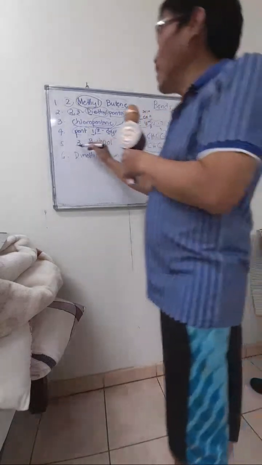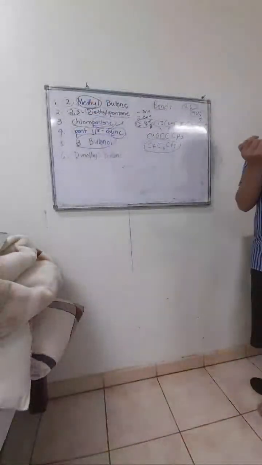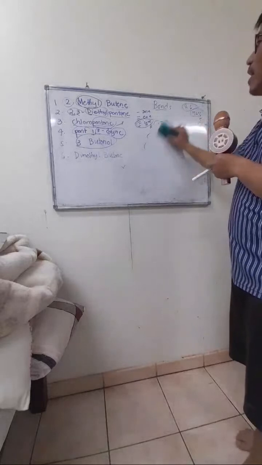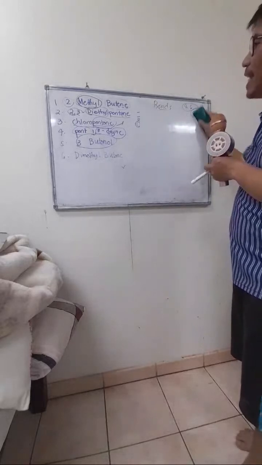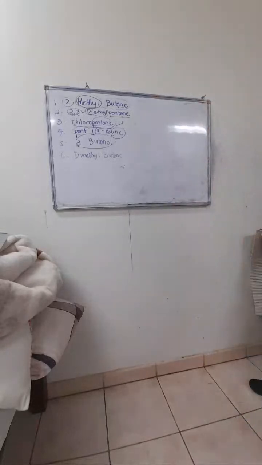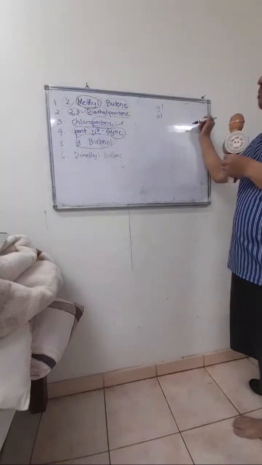Okay, number 5, 3-butanol. If we're talking about alcohol, the concept will change. The OL will be on the last part of the naming, always, in alcohol. The counterpart will be YL and OL.